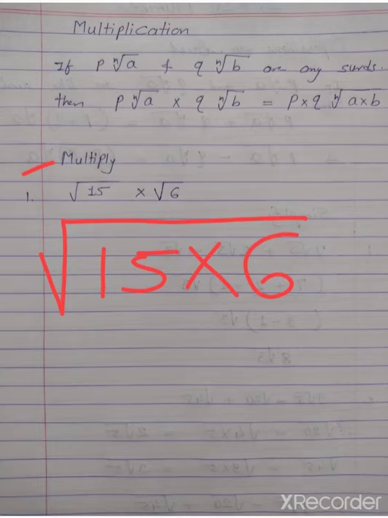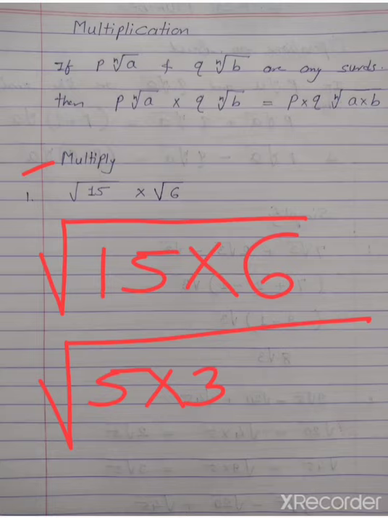Before multiplying, try to factorize. So you can factorize 15 as 5 threes are 15, and the factors of 6 are 3 into 2.